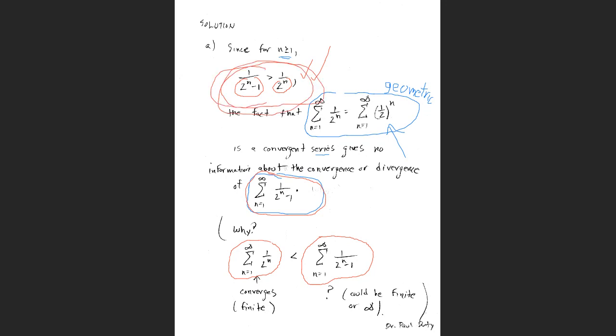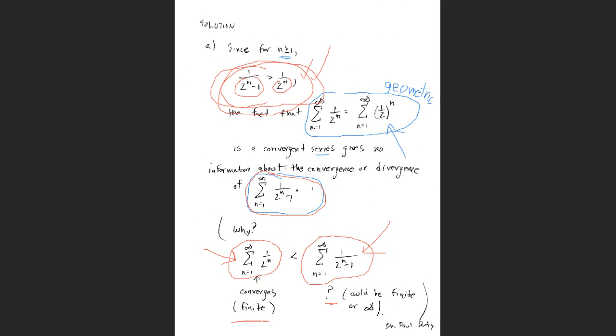The terms of the geometric sequence are smaller term by term than the terms of the sequence that we're interested in. And so our series, its sum would have to be greater than the sum of the geometric series. But the fact that the smaller series is finite doesn't tell you about the sum of the larger series. It could be finite, but it could be infinity too.